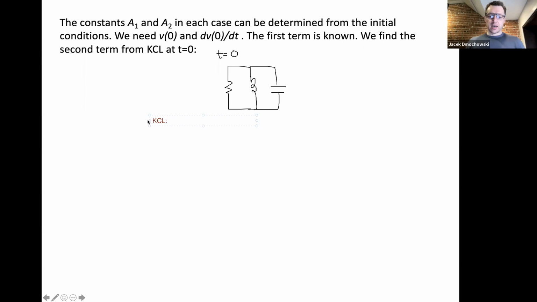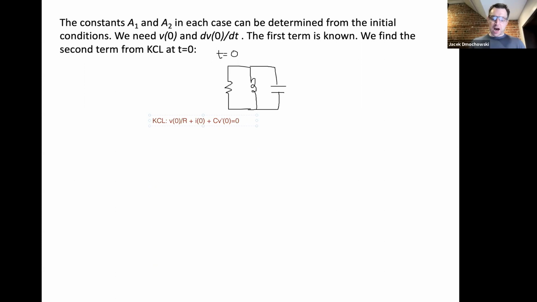And let's write the KCL equation. And we get that V0 over R plus I0 plus CV prime 0 is equal to 0.